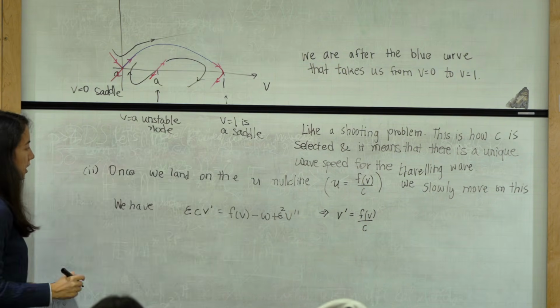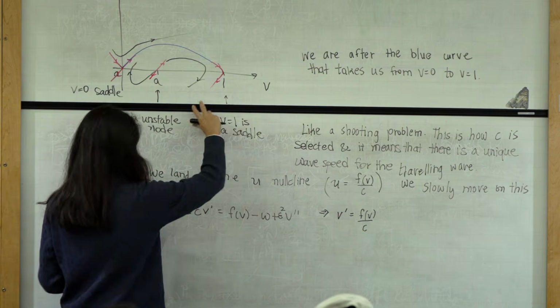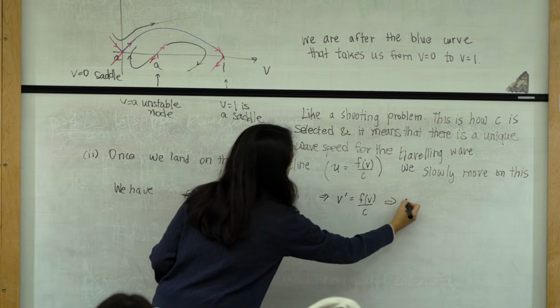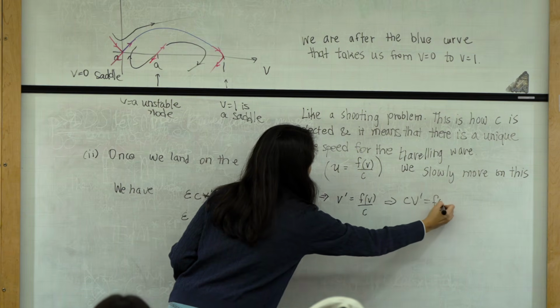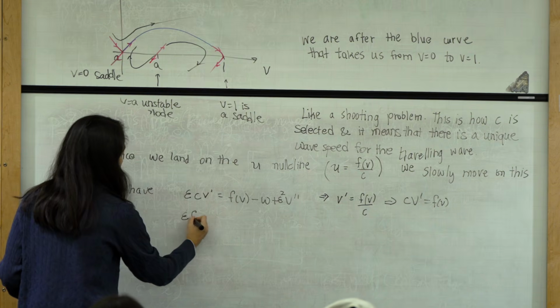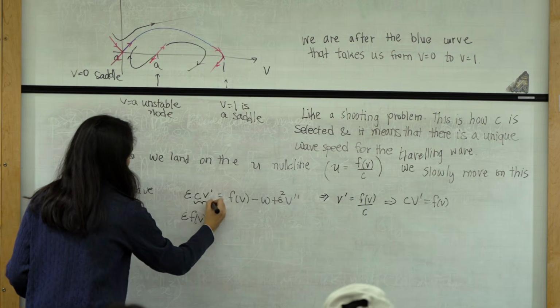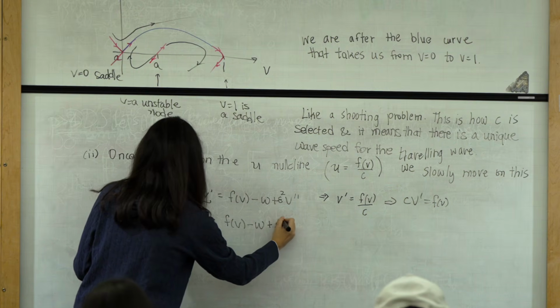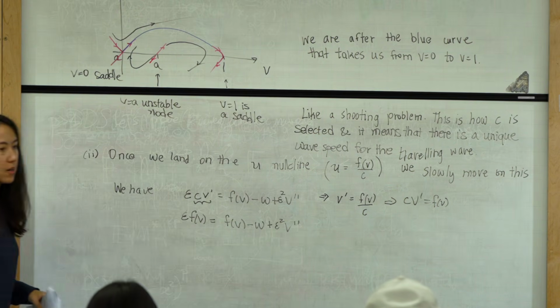So this is the equation we had. Now I'm going to substitute. This is the same as having c v prime equal to f of v. So I will use this because I'm on the null cline. So this is f of v. And I have f of v minus w plus epsilon squared v double prime.